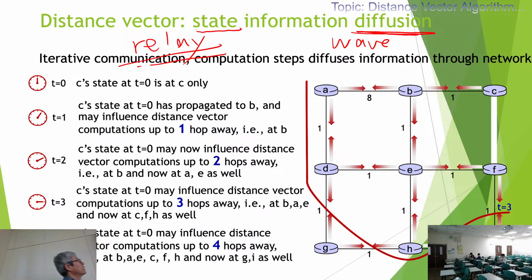So diffusion, we pass on 0, 1, 2, 3, 4. That says yes, we can allow the state information to propagate, or here diffuse, to the neighbors, from hop 1, hop 2, hop 3, and hop 4 neighbors.